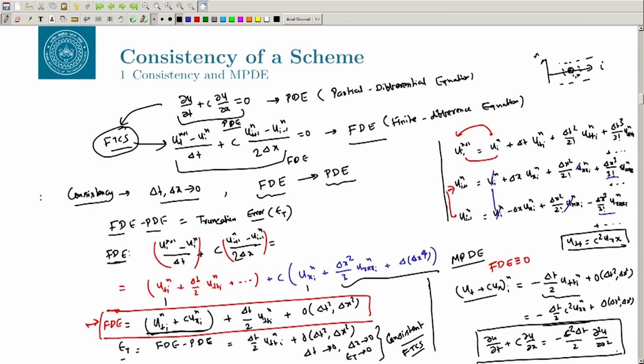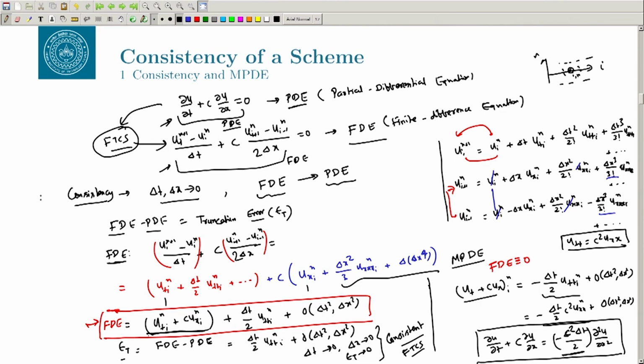We are trying to solve this PD using this FTCS scheme, but the equation that we are solving is not the equation that is supposed to be solved, that is the PD, but a different equation, right. This equation is a convection diffusion equation, with the diffusion term negative, because of the minus c square delta t. c square is positive, delta t is positive, so that is why that term is negative.